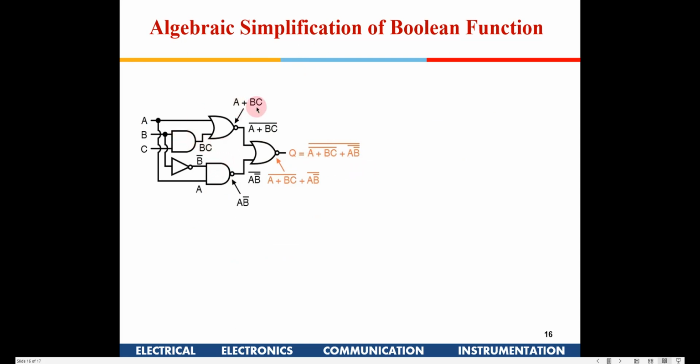Okay, so we'll take one more of these problems. This is the gate circuit which has been given. We have to check whether the gate is implemented in the most simplified manner, or whether we can simplify it further. This is an OR gate. The inputs to this are A, and the other input is coming from AND of BC.